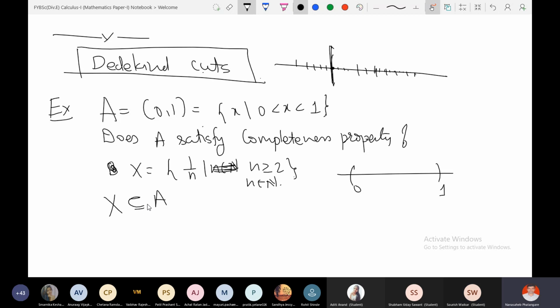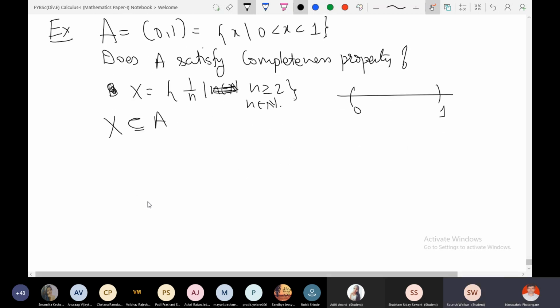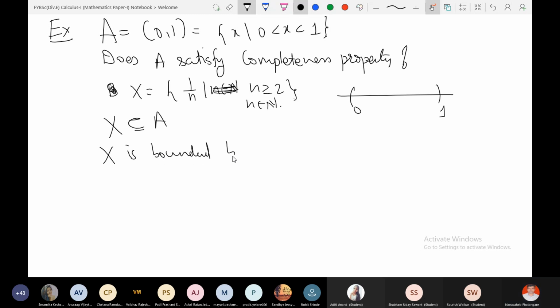This is a subset of A. Is it bounded? X is bounded below. Is it true? Is X bounded below? Yes, sir. But what is the infimum of X?